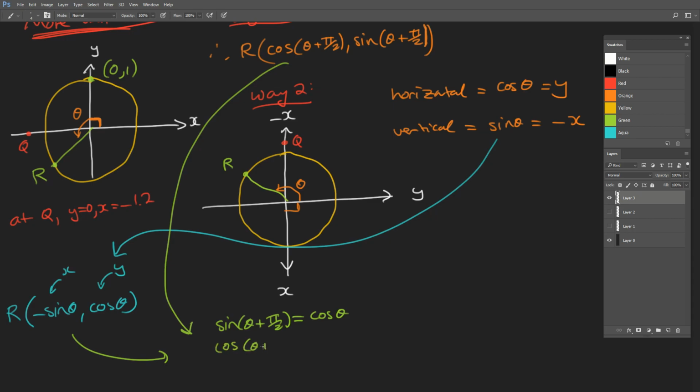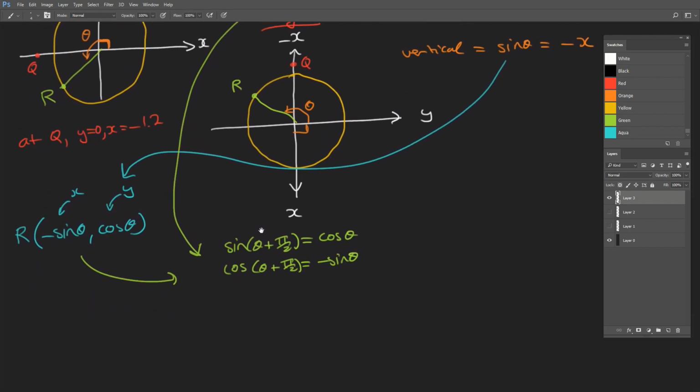And we can say that cos of theta plus pi on 2 equals negative sine of theta, because we're equating the x coordinates. And of course, I could have shown this through the angle sum formula, but that would be a bit pointless for me because I'm actually going to prove the angle sum formula.